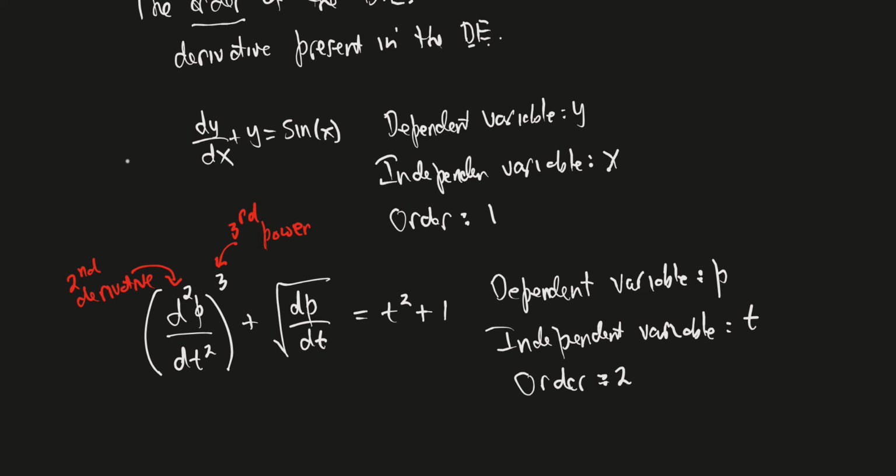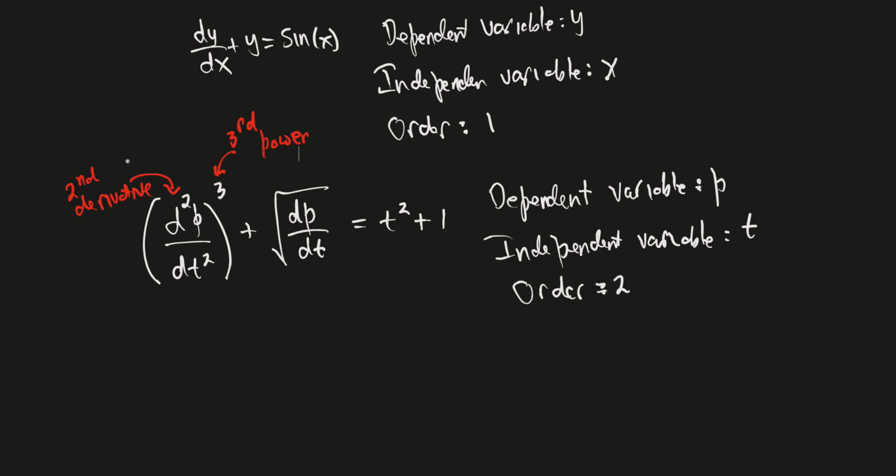Just a couple other things in terms of notation. I've been using the Leibniz notation all the way through, but obviously we can use primes, right? So you might have something like this that indicates a third derivative. Now, if I don't write anything else, it's like, well, what is the independent variable?